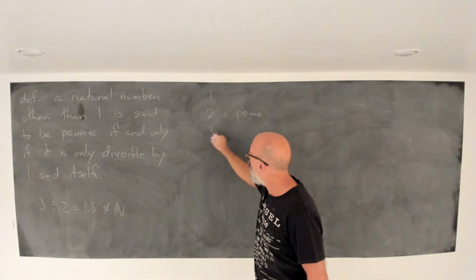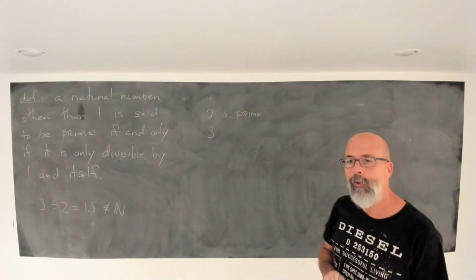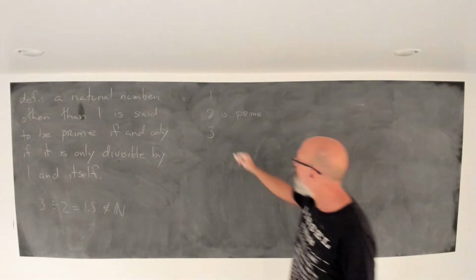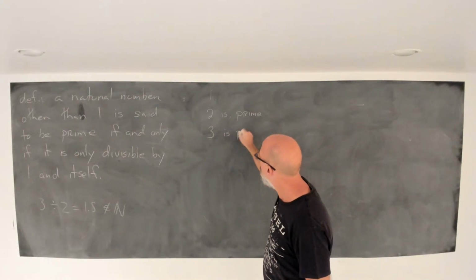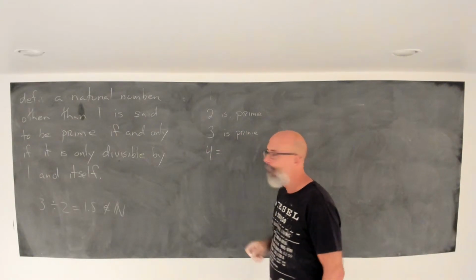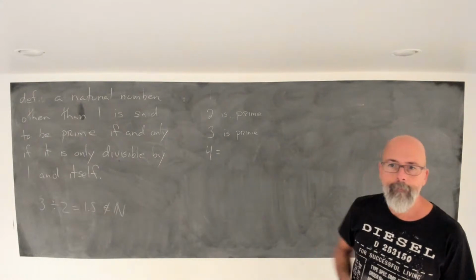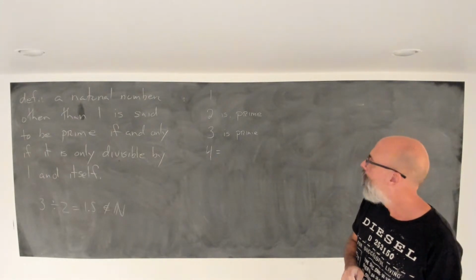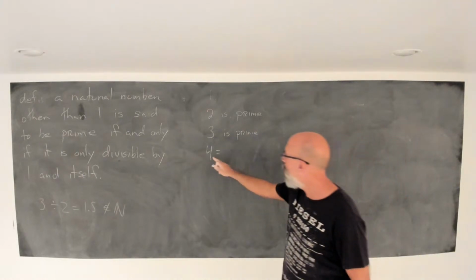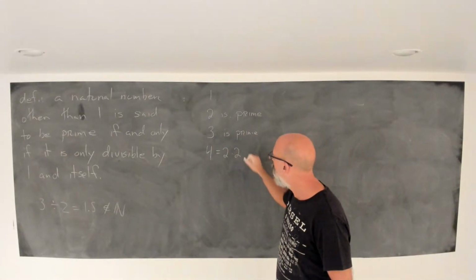What about 3? The only numbers that divide 3 are again 1 and 3. 3 is prime. 4, however, you know that you can factor 4. 4 is really 2 times 2.